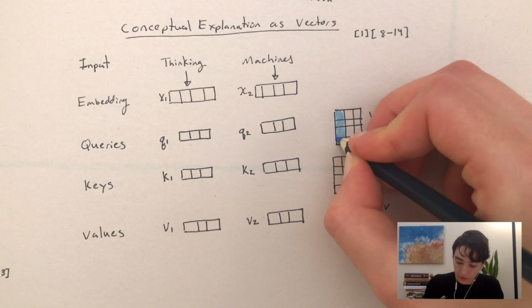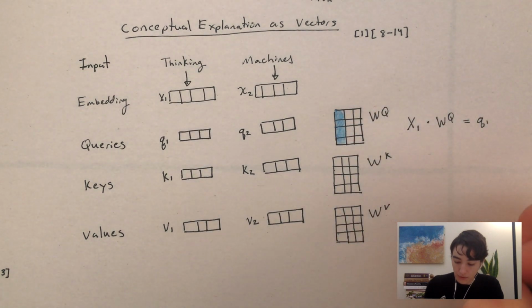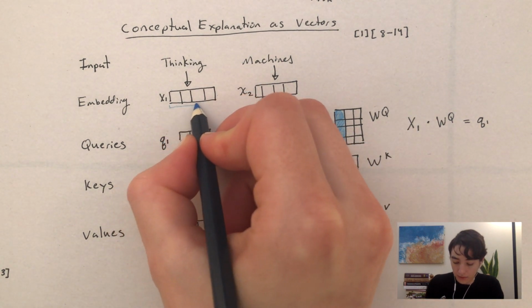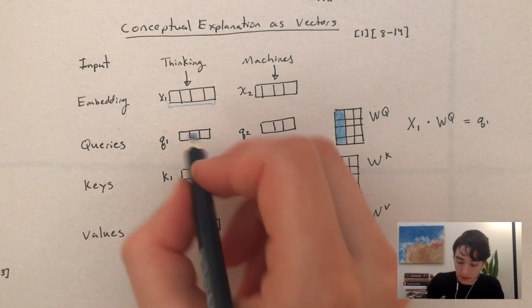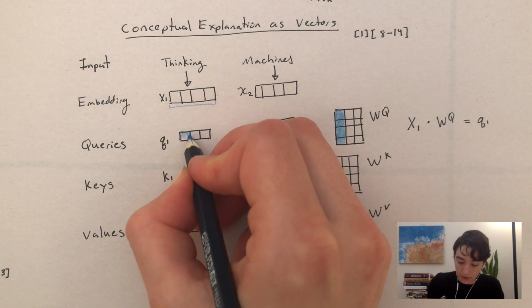We have this first row here, and we are going to multiply it by our word vector, and that is going to give us the first entry in our resultant vector.